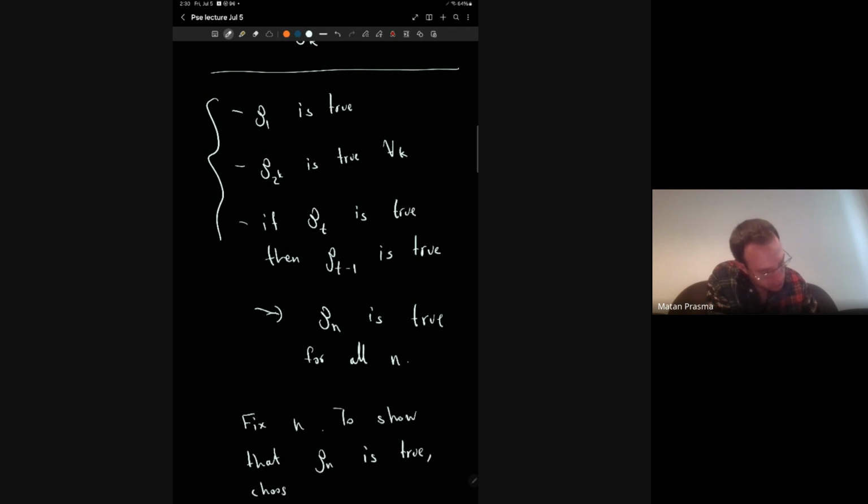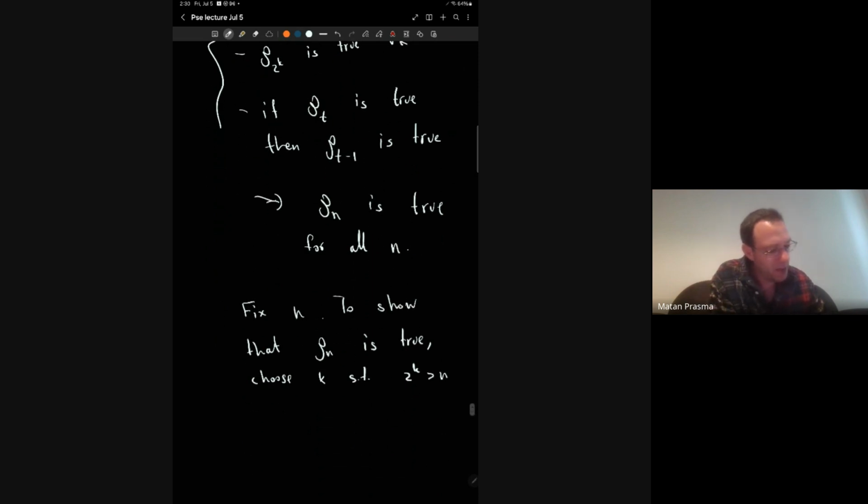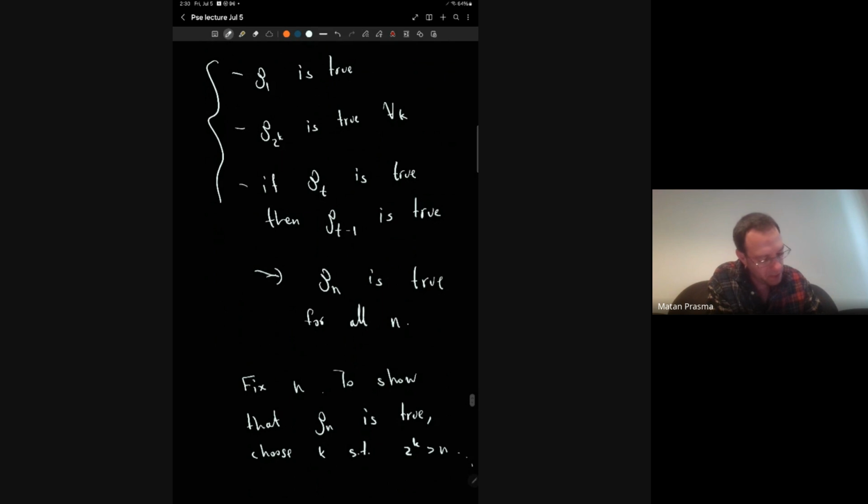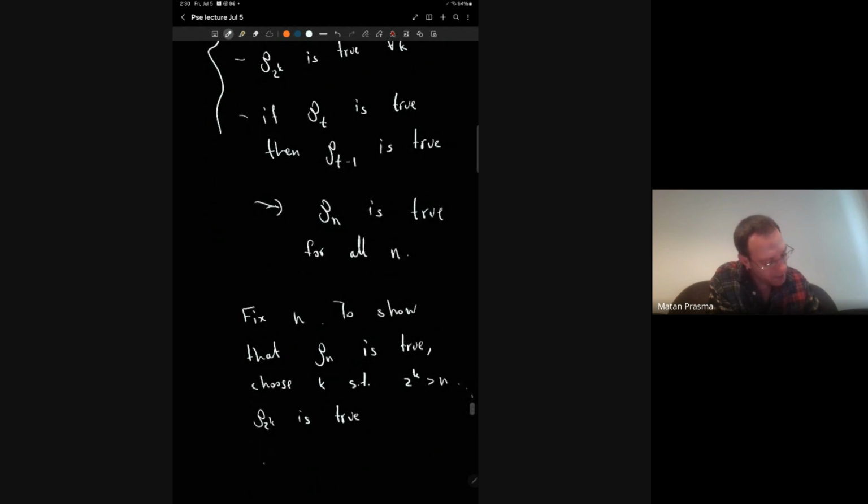choose k such that 2 to the k is bigger than n. There must be some k like this. We know that rho of 2 to the k is true. And then rho of 2 to the k minus 1 is also true, because if rho of t is true, then rho of t minus 1 is true.